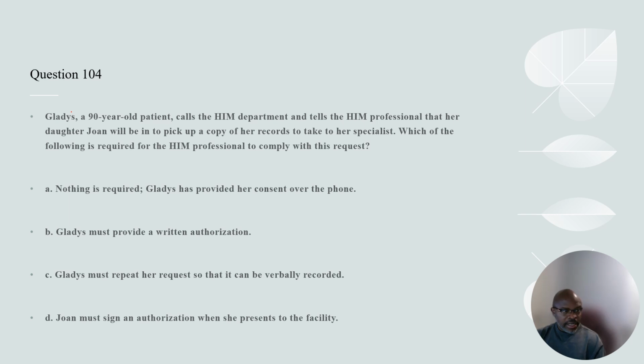Answer C, Gladys must repeat her request so that it can be verbally recorded. Answer D, Joan must sign an authorization when she is presented at the facility. Which is the answer to this question?